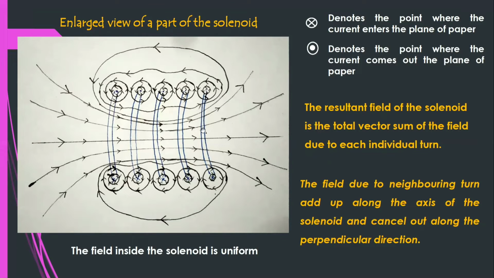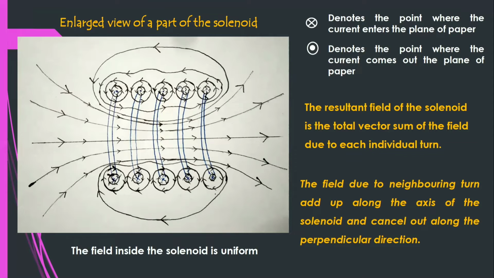The wires are wound in this fashion, coming out through this line and going into the plane through this line. As the wire comes out of the point marked by the dot, by applying the right hand thumb rule, we can see that the rest of the fingers curl around in this direction.